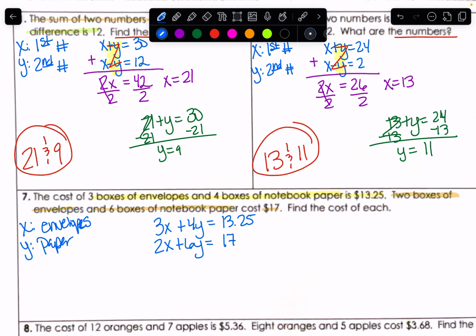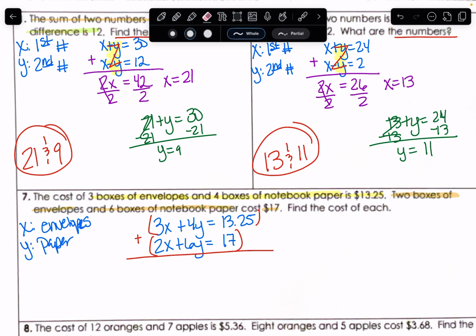So now remember that we have to have opposite coefficients in order to add these together, okay? So you can choose to either eliminate your x or your y, completely up to you, okay? I'm going to choose to eliminate my x. So I am going to have to multiply both of these equations by something, all right?